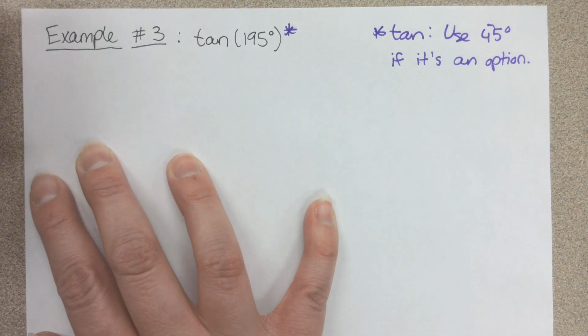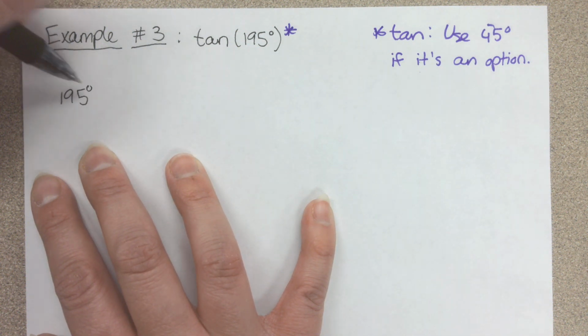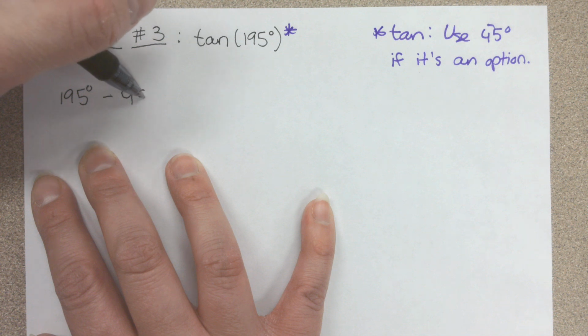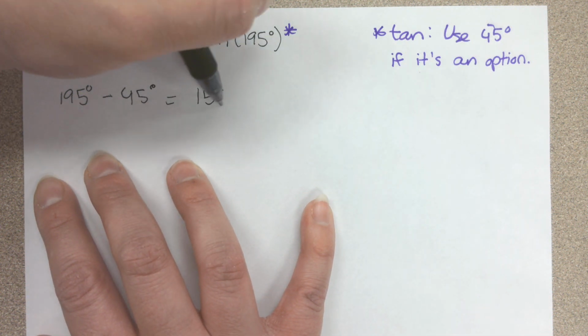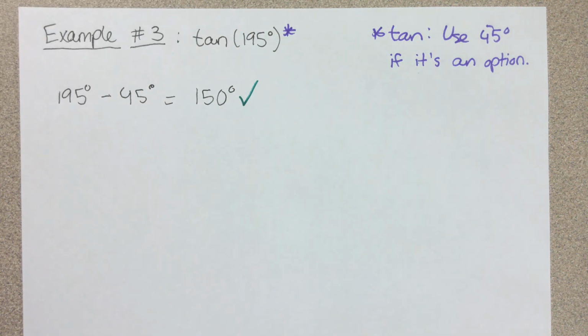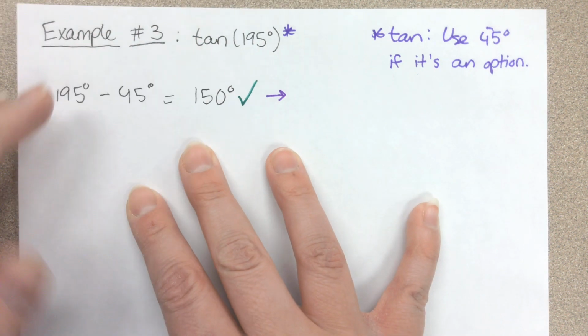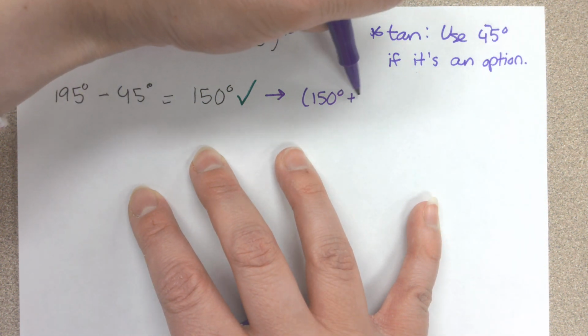So that's what I'm going to go for first. 195 minus 45 is going to get me 150, which is on the unit circle. So I'll be using 150 plus 45.